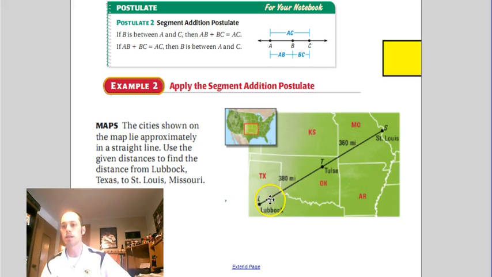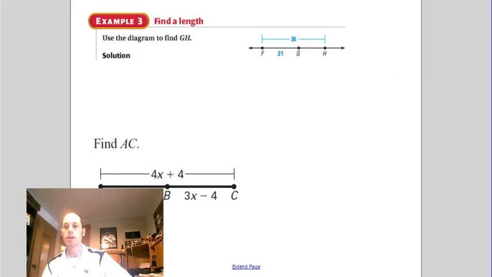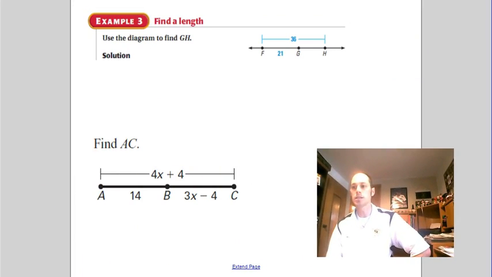Using the segment addition postulate, we just add up those two lengths: 380 plus 360 would be 740 miles. If I wanted to travel from Lubbock to go see the Golden Arches of St. Louis.